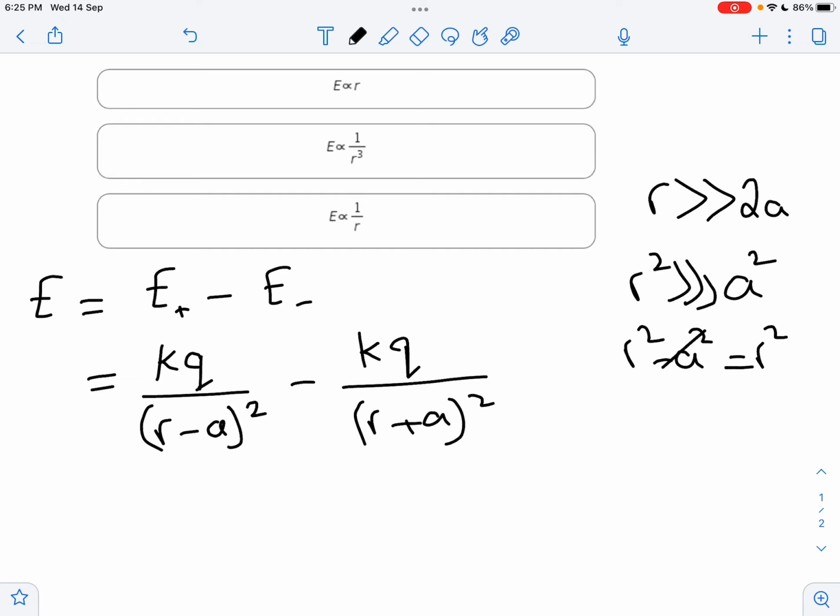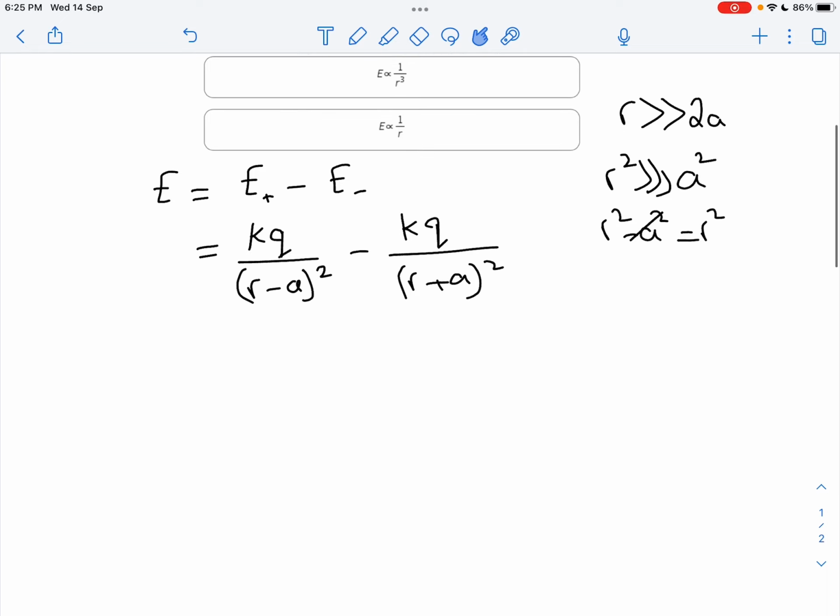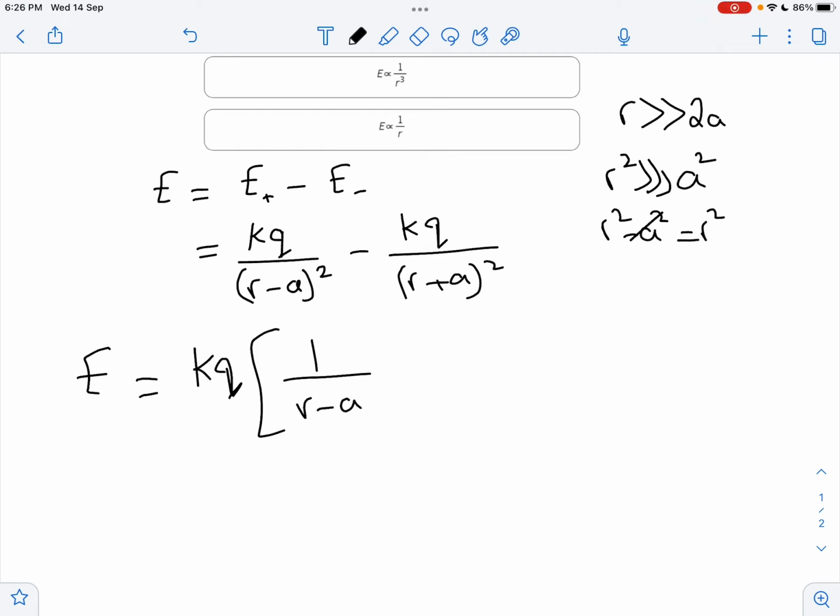So it remains around 1 million, nothing happens. So let's see what we will get for E. E will become KQ, and let's take a common factor KQ, you will get 1 over (r minus a) squared minus 1 over (r plus a) squared.